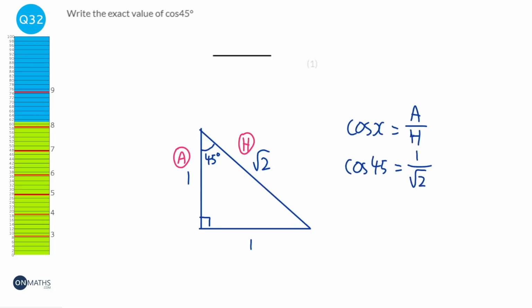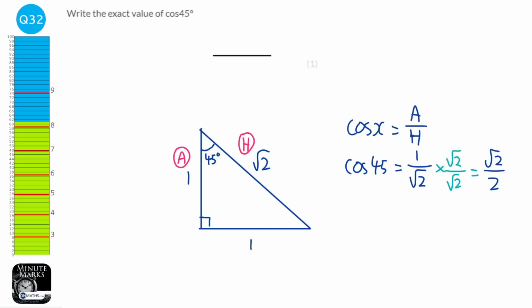Now, this is a bit of a strange one with 1 over root 2, because we need to actually be able to rationalise the denominator. And basically what that means, if you haven't done surds yet, is you times the 1 by root 2. And so we end up with root 2 over 2.